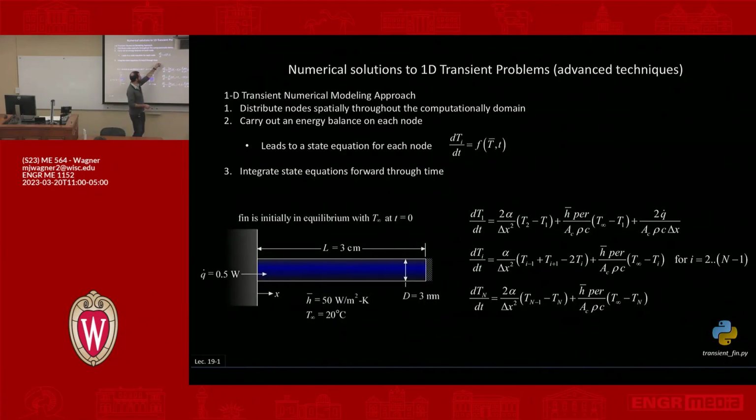And then we need to come up with a function that evaluates that. That's our state equation, right? So this is our state equation that we've come up with here for the first node, for the ith node, and then for the nth node. We have this ability to evaluate the derivative with respect to time. Now we need to plug that into these different techniques. All of the complexity or all the advanced techniques are dealing with step 3 here. So step 3 is where we're going to spend our time now.